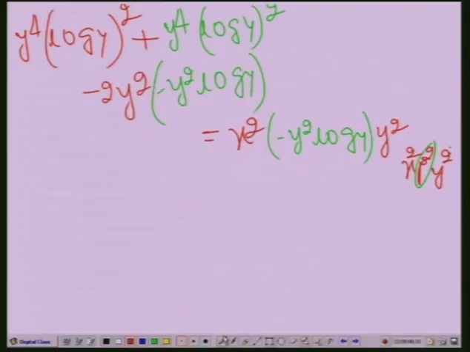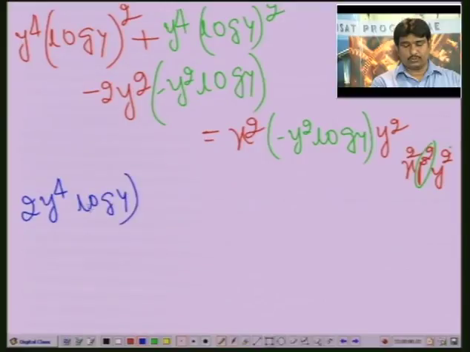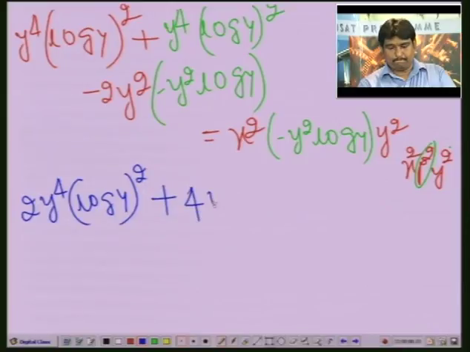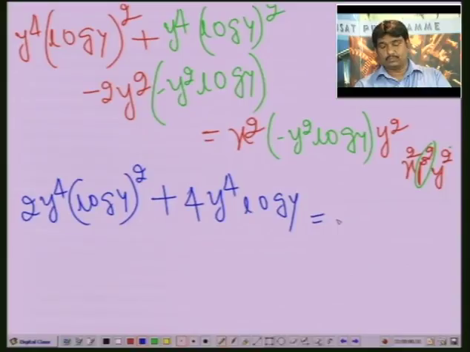Okay, consider. We have y to the power of 4 log y whole square plus y to the power of 4 log y whole square, which is 2 times y to the power of 4 log y the whole square, plus minus 2 y square into minus y square log y, again it is plus 2 y to the power of 4 log y, plus 4 y to the power of 4 into log y equals RHS, minus x square y to the power of 4 into log y.